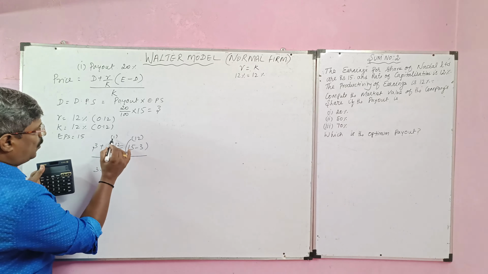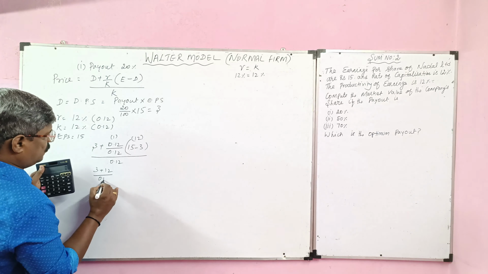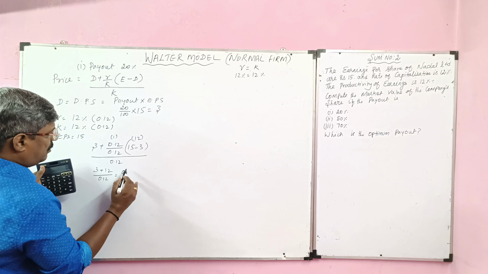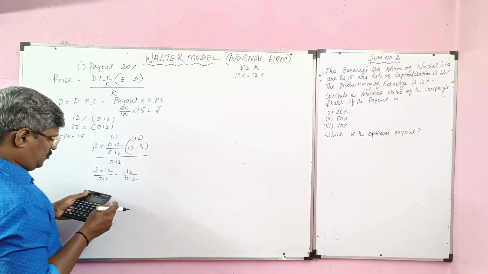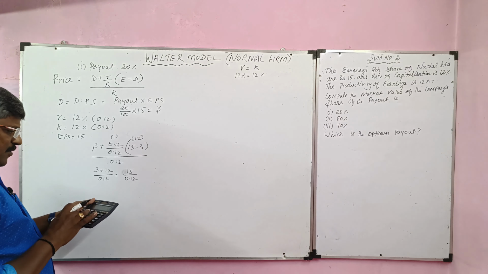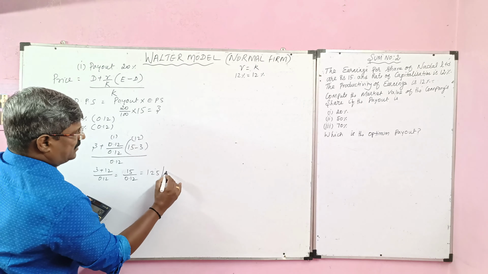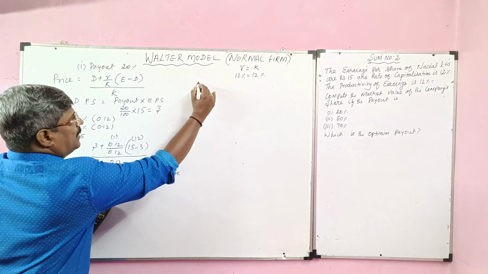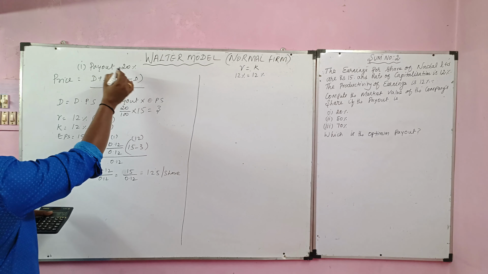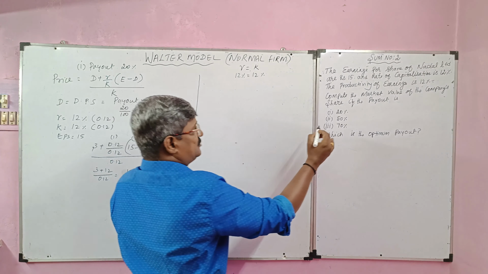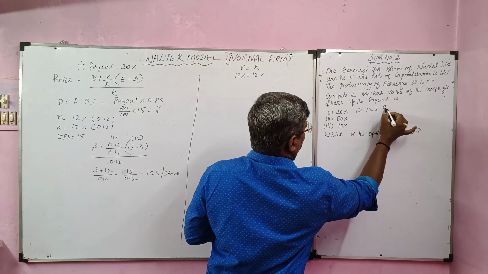So 3 plus 1 into 12, 12 divided by 0.12. So our answer is 15 divided by 0.12. 15 divided by 0.12 will get 125 per equity share. This is situation 1. When payout ratio is 20%, the market price of the equity share is rupees 125.